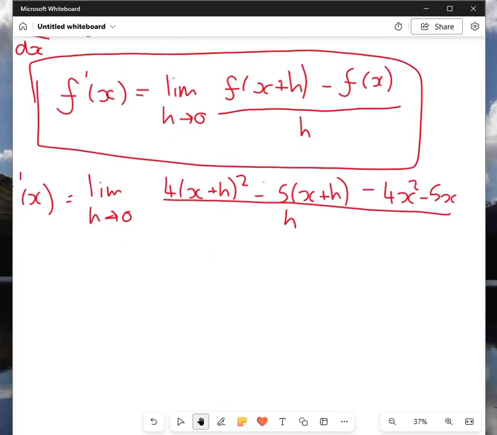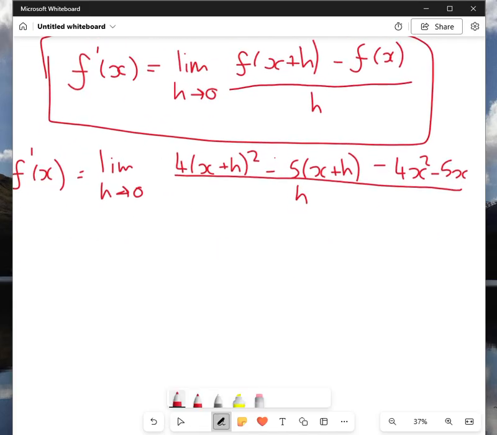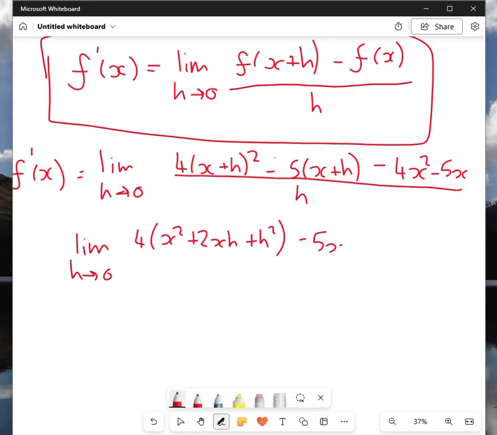Then we just need to expand all that lovely thing out. We end up with 4 lots of x squared plus 2xh plus h squared, minus 5x minus 5h.